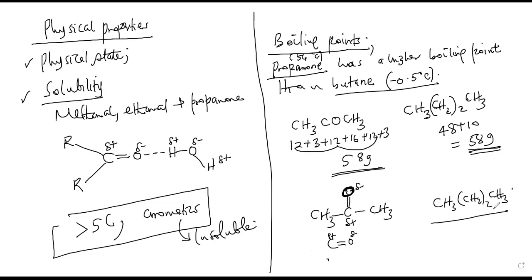When the molecules are nonpolar, it means that they require a lower amount of energy to break. Why? Being nonpolar, they have got weaker forces of attraction, which we call the temporary dipole-dipole van der Waals forces of attraction, right? That are easily broken. So one can explain it along that line.